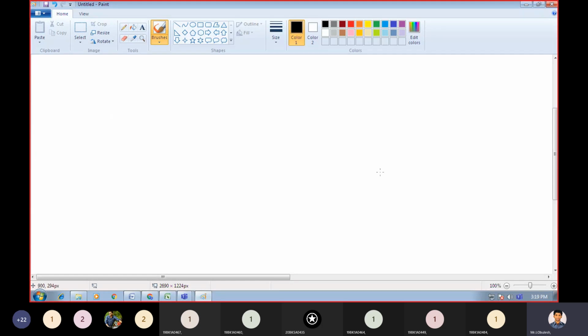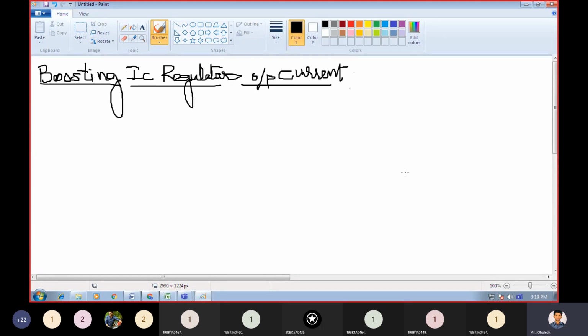First, you need to draw the diagram for this. This is the load resistor or load.